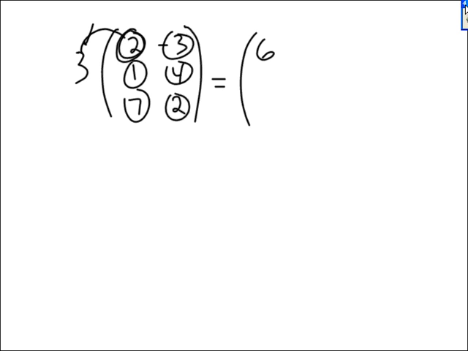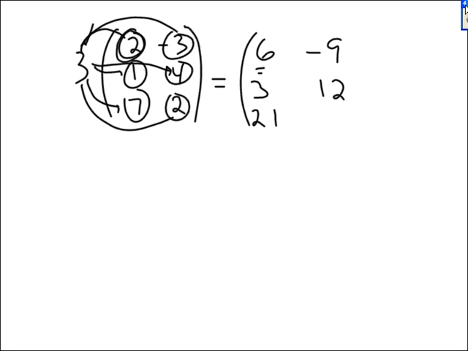3 times 2 is 6. 3 times negative 3, negative 9. 3 times 1 is 3. 3 times 4 is 12. 3 times 7, 21. 3 times 2, 6. Basically, it's just 6 multiplication questions.